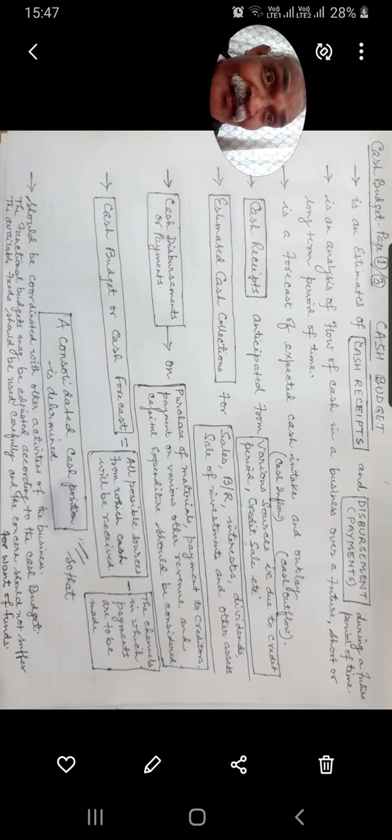For what? For the payment. To whom? To the person from whom you purchased goods on credit basis. Or maybe you purchase on cash basis also.